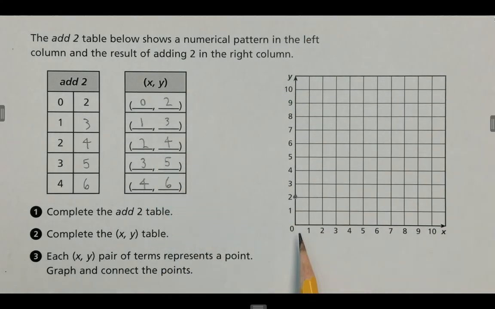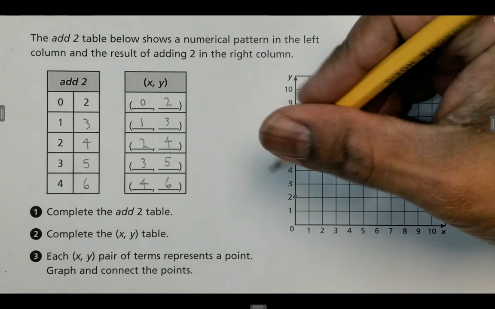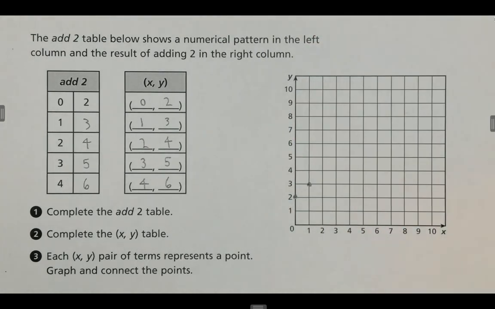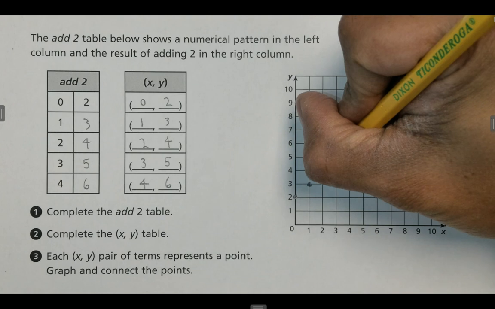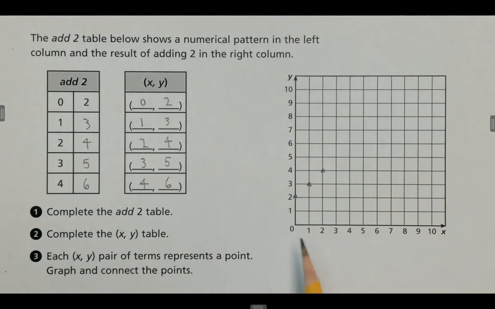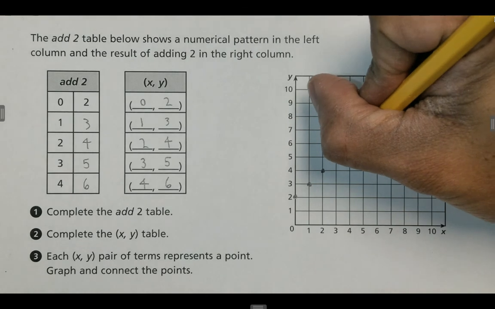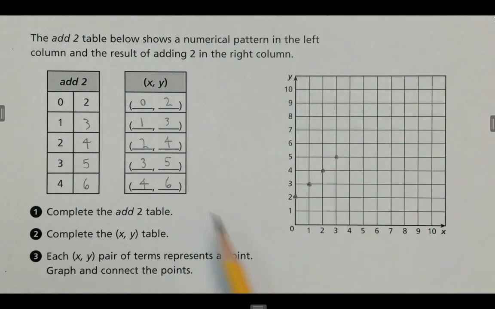1, 3, starting at the origin, I'm going to walk 1 space and jump 3. 2, 4. I'm going to walk 2 and jump 4. 3, 5. I'm going to walk 3 and jump 5. And finally, 4, 6.